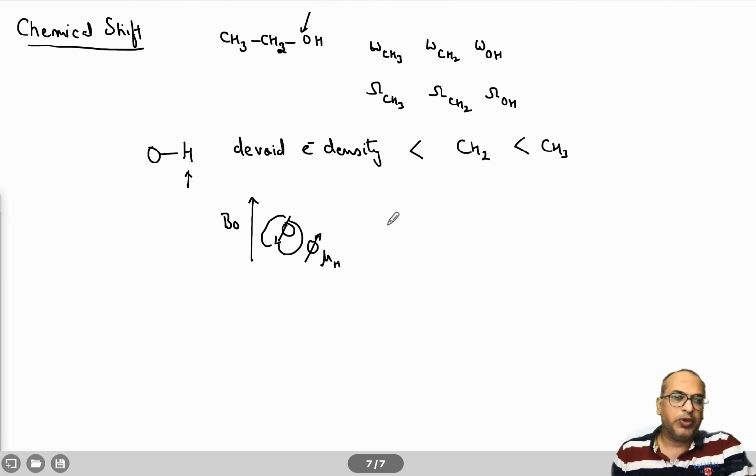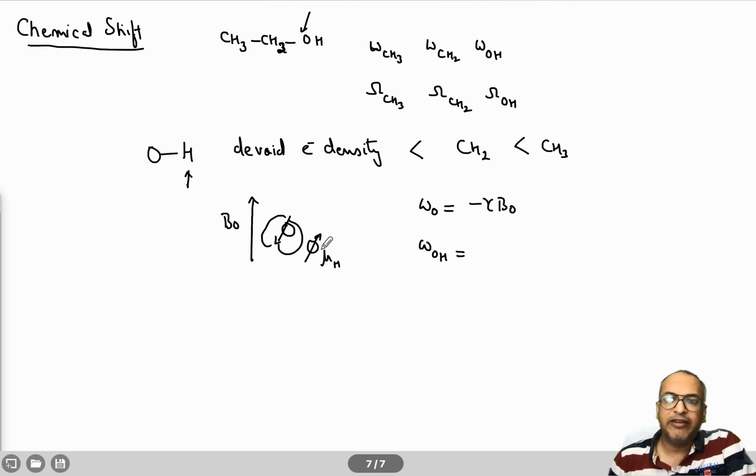So if the Larmor precession of protons in general is given by negative gamma B naught, then the Larmor precession of OH will be reduced because it will not experience the actual B0, but the reduced B0.